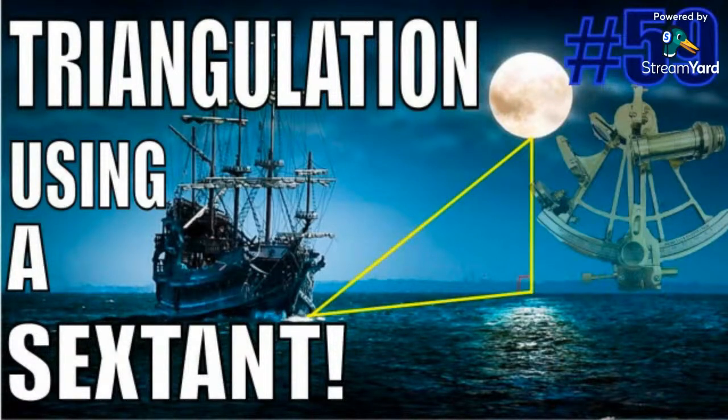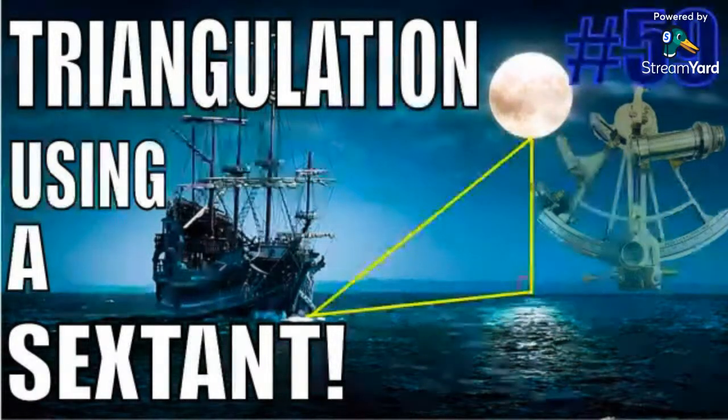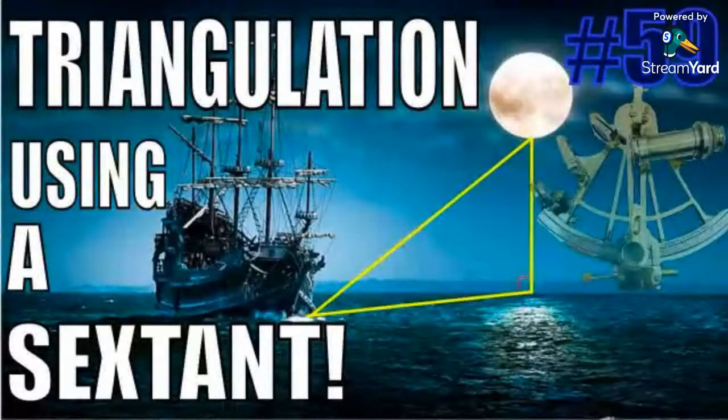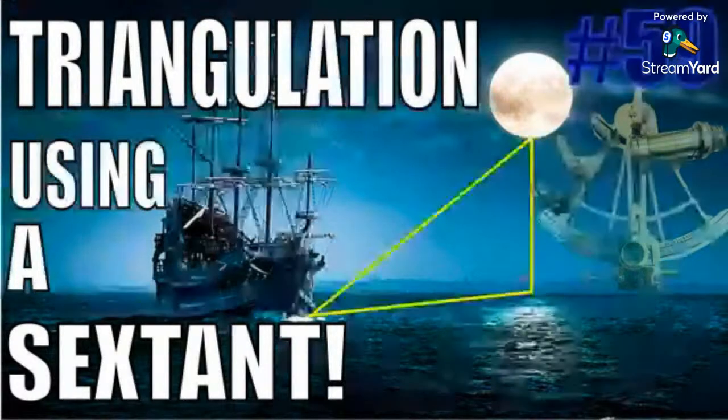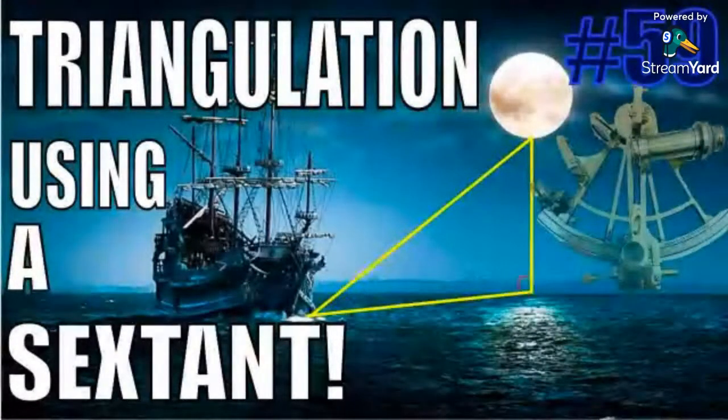Now, we've had a recent claim that we're not using triangulation when using the sextant or celestial navigation. Apparently we're using trilateration. And we're going to go through the difference between triangulation and trilateration, because it is vastly different.